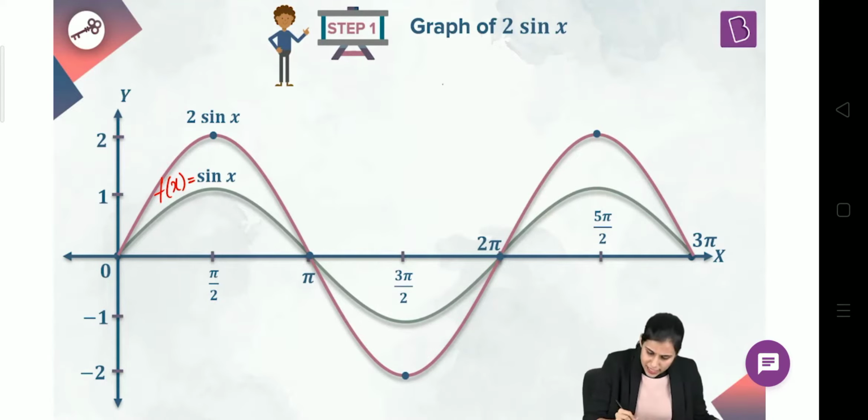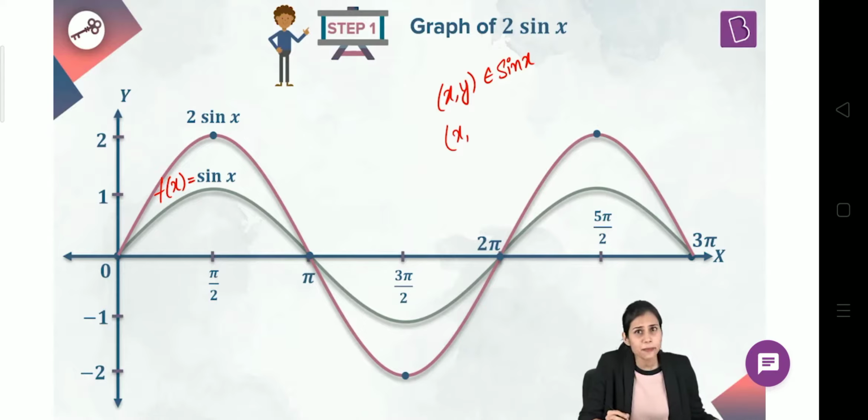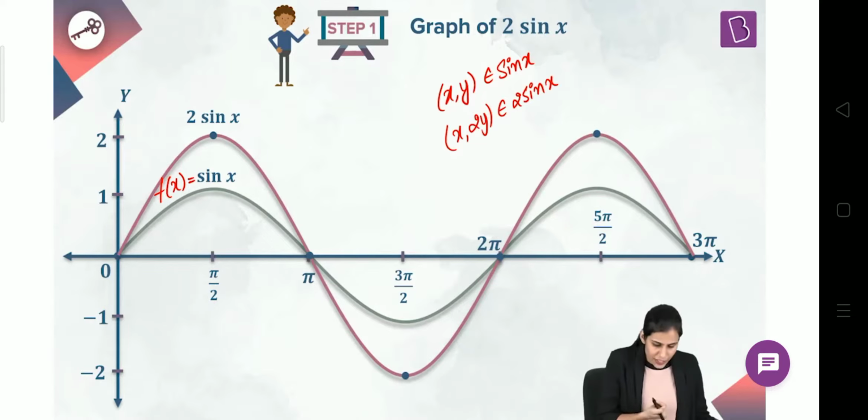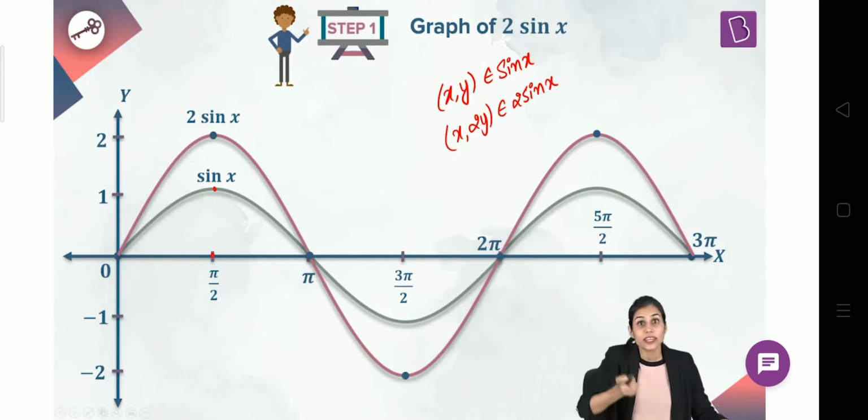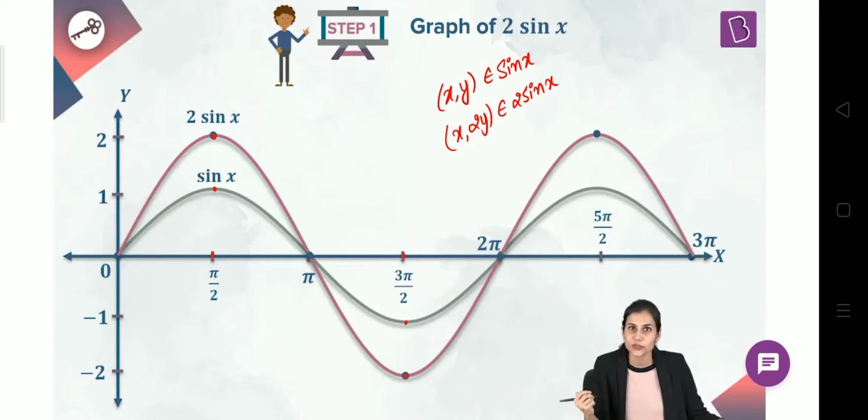I'll repeat it. If corresponding to an input x, y is the output of sine x, then corresponding to the same input x, 2y is the output of 2 sine x. That is the reason why at pi by 2 sine x is 1, whereas at pi by 2, 2 sine x is 2. That is twice of 1. At 3 pi by 2, sine x is minus 1, whereas at 3 pi by 2, 2 sine x is twice of minus 1, which is minus 2.